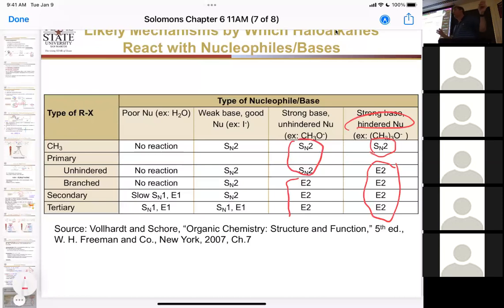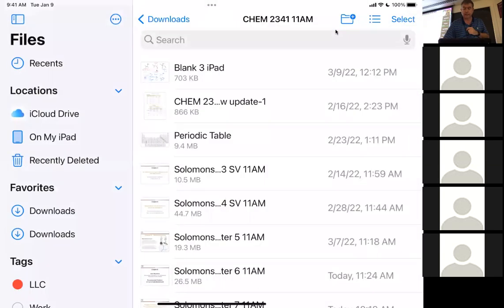Which hydrogen? The alpha hydrogen or the beta hydrogen? Beta hydrogen. It's going to pull off that beta hydrogen. All right. So I would go through this chart, rationalize to yourself why each of these boxes are filled in this way. Okay. All right, so that is the end of chapter 6.